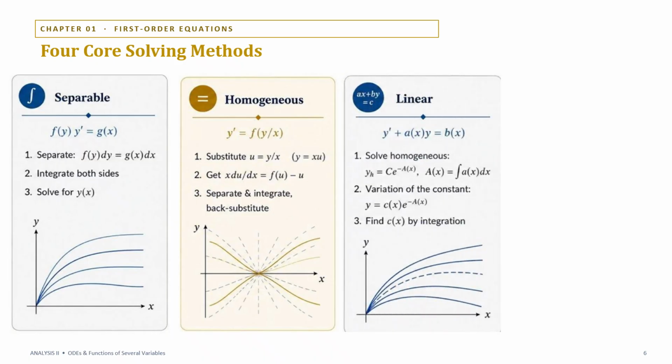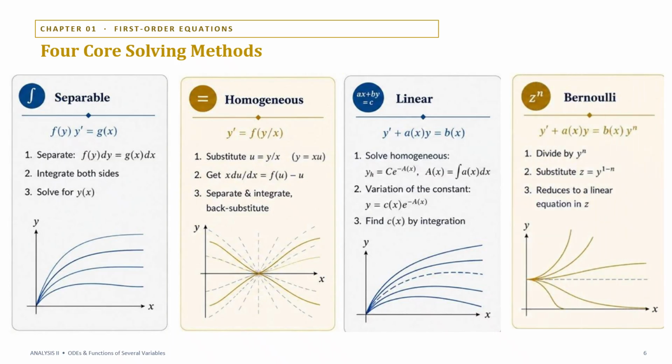For linear equations, we use an integrating factor, allowing us to rewrite the equation in an easily integrable form. Finally, for Bernoulli equations, we perform a suitable change of variables that converts the nonlinear equation into a linear one.